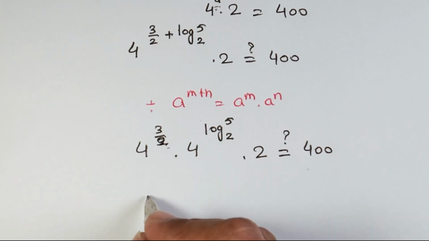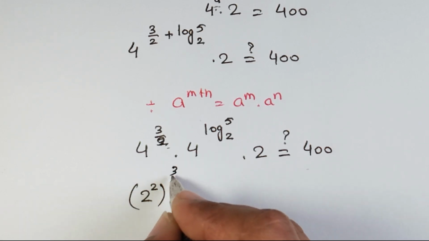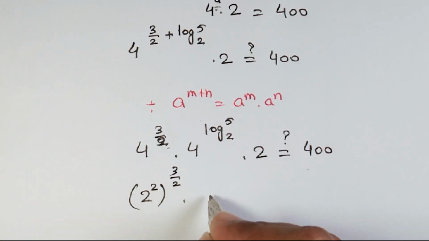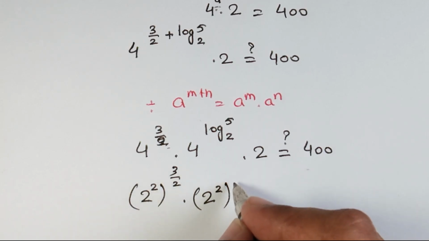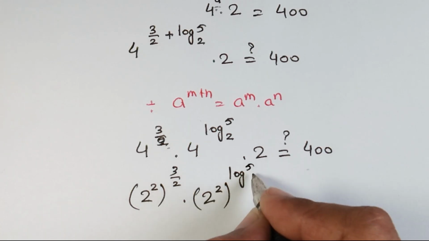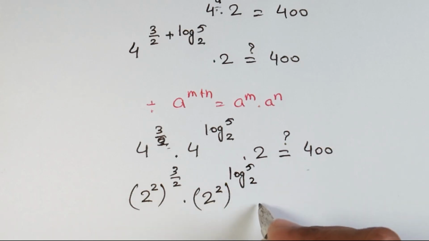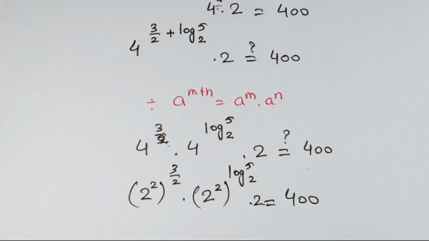So we can write the 4 as 2 power 2, so 2 power 2 to the power 3 over 2 into 2 power 2 to the power log of 5 base 2, into 2 is equal to 400.